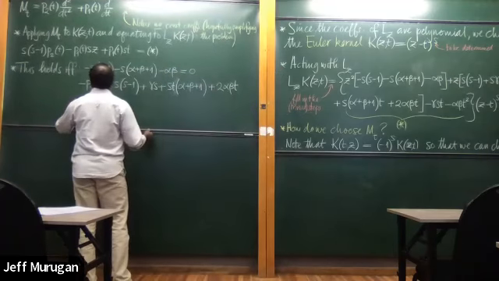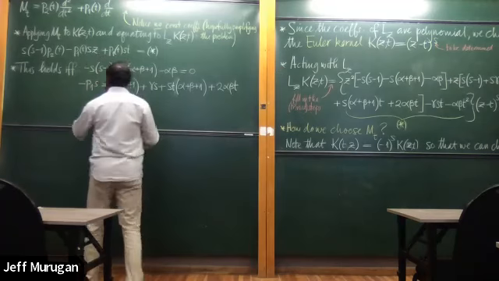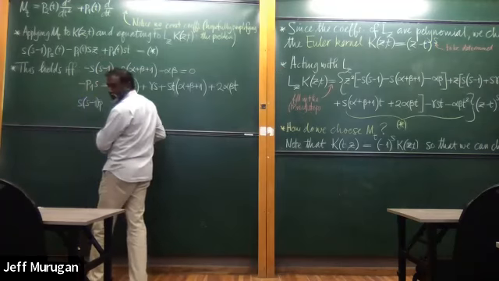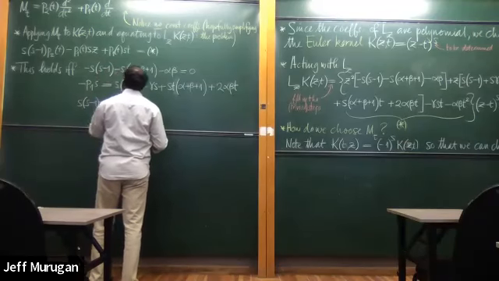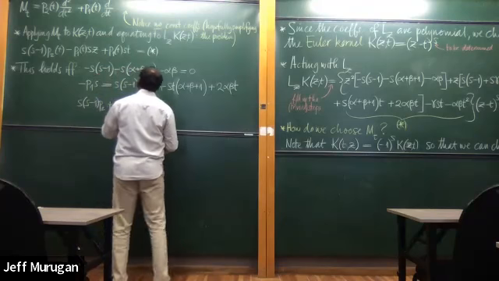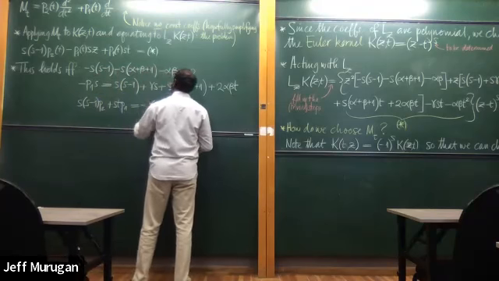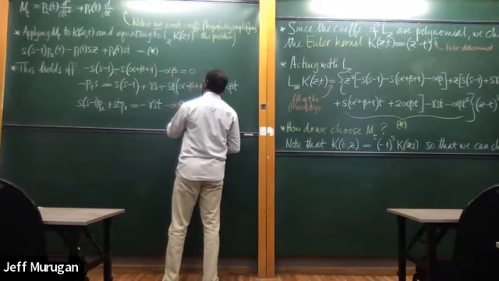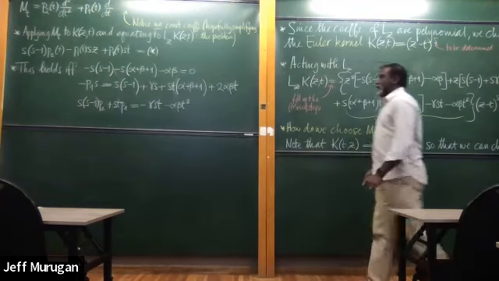And at order 1: s times s minus 1 times p2 plus s times p1 is equal to minus gamma s t minus alpha beta t squared. Okay.